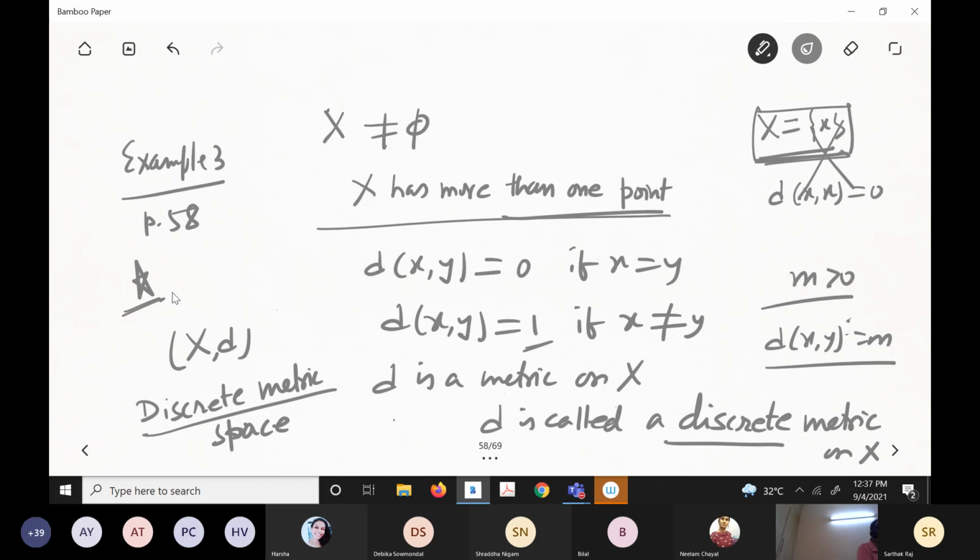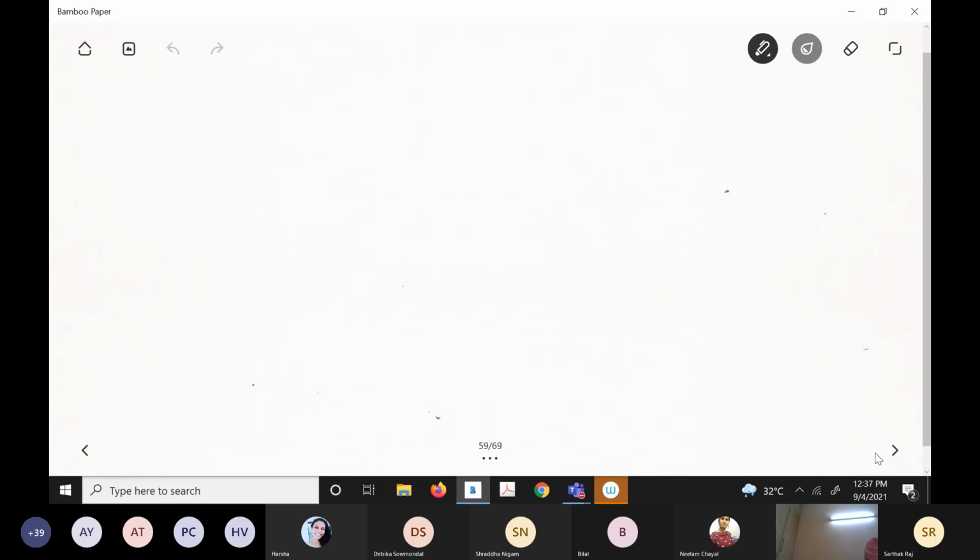Look, example 4. Already I was giving different metrics on R. Example 4, you have taken positive reals, and here you have given this distance d(x,y) is this. Again, you check that it's a metric.